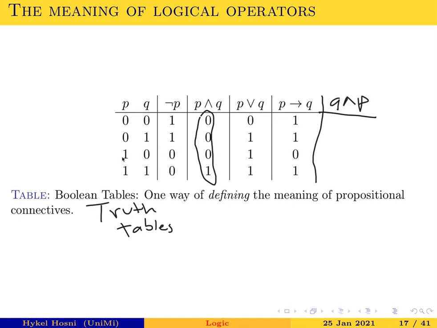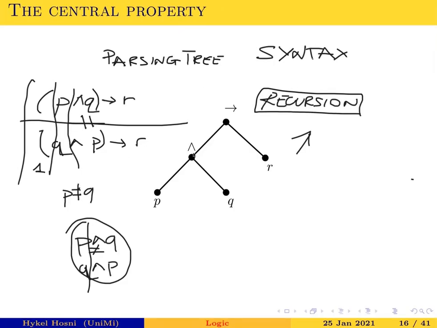Similarly, you say false if P is true and Q is false. And you say true, one, if and only if they're both true. So that's the meaning of conjunction. Here, conjunction is just an operation that connects, says that P is one conjunct and Q is another one.